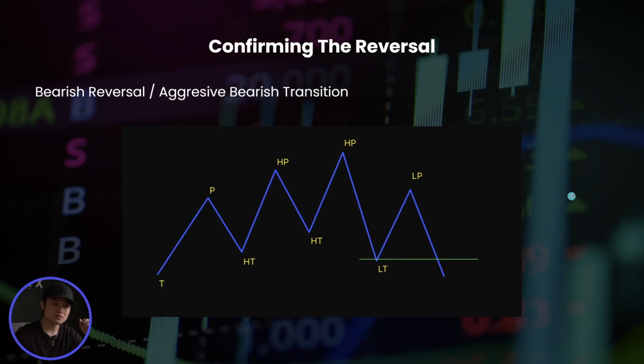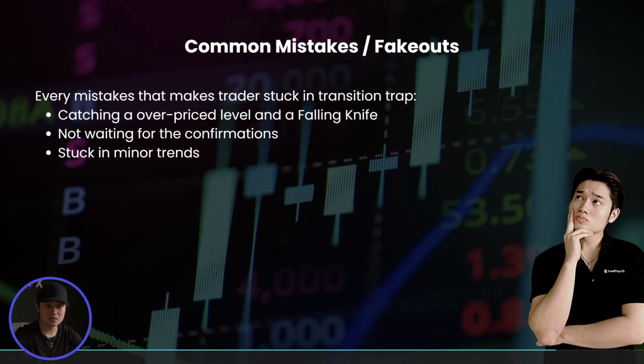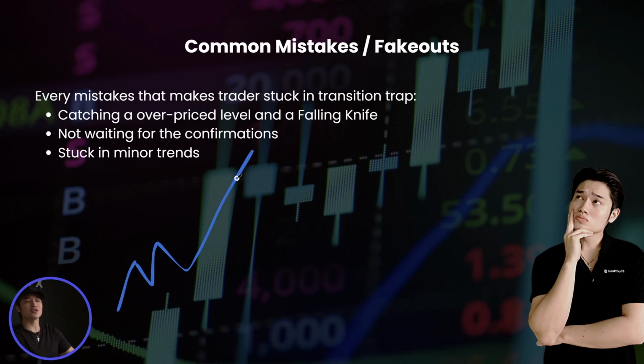Okay, so the next one is the common mistake, or fake out. Well, catching an overpriced level or a falling knife. If you see the price make a crazy primary trend, it should look like this, okay, boom, like this. You should not open another long position. Why?